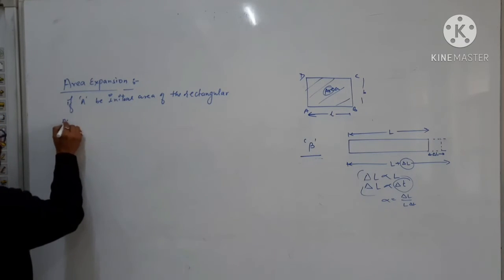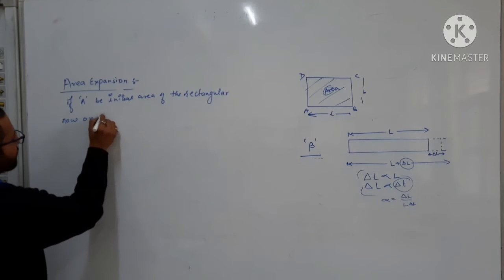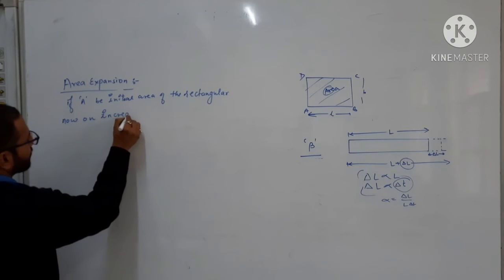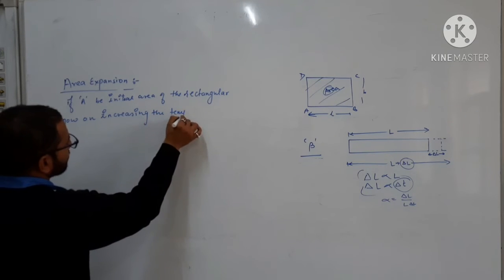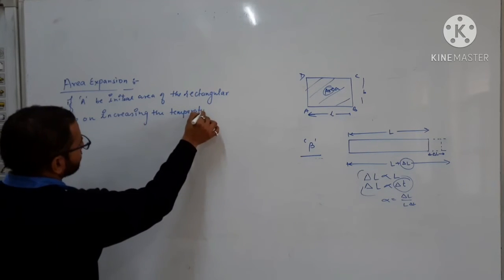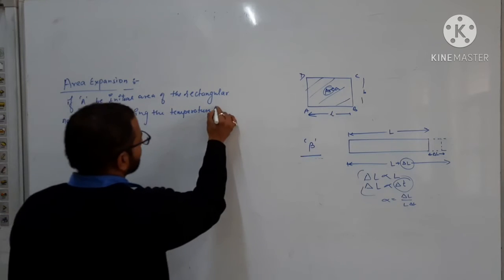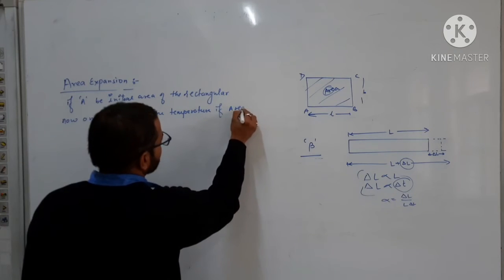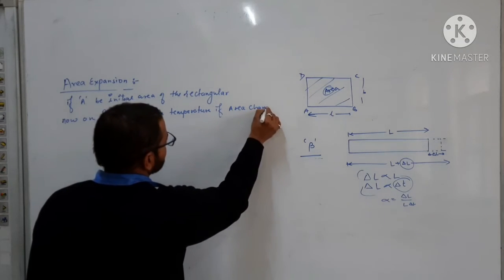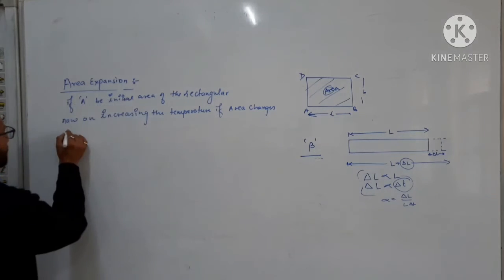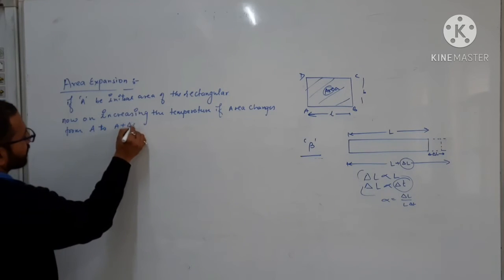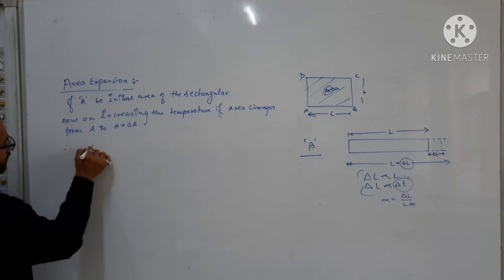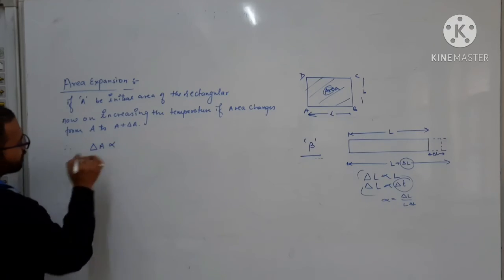So now, on increasing the temperature, if the area changes from A to A plus delta A, then the change in area is directly proportional to it.